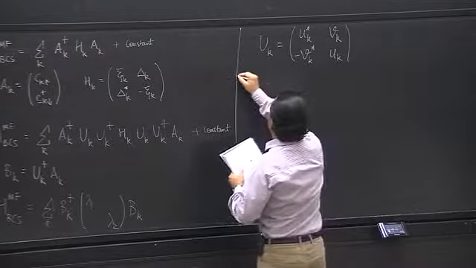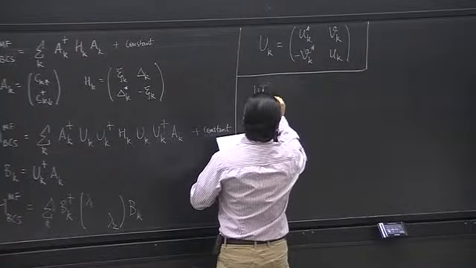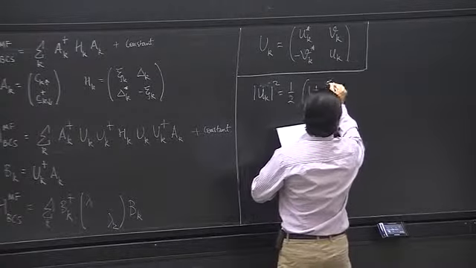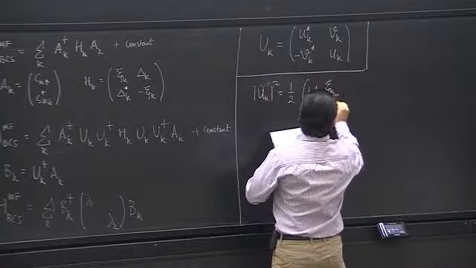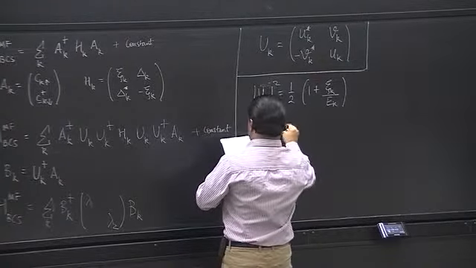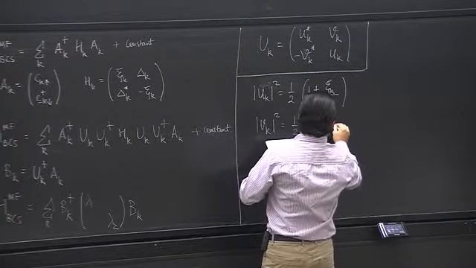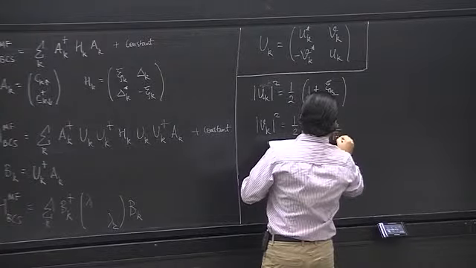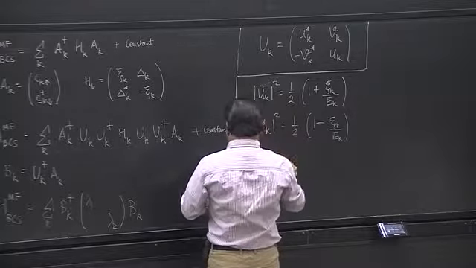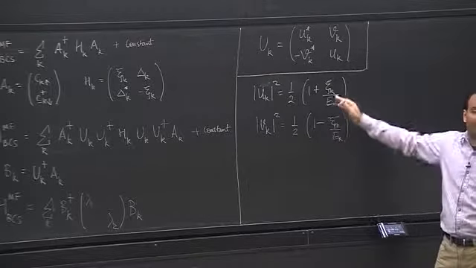So what we will find is mod UK square. So we find the same solutions that we found using the variational calculation for UK and VK.